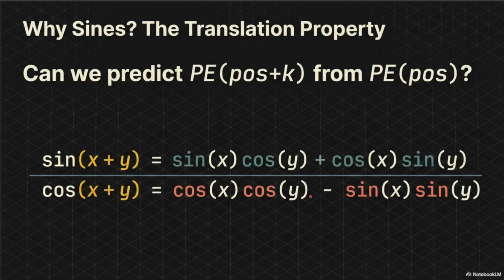This means that if we know the encoding for a position, we can calculate the position plus k using a linear function. So if we know this variable POS, we can mathematically know whatever other position we need, plus k.